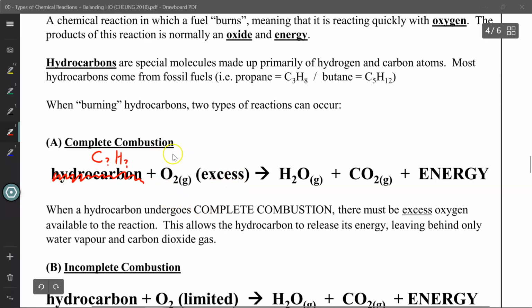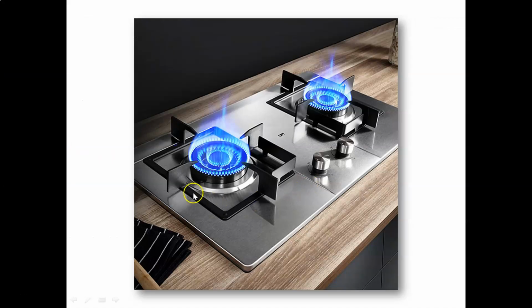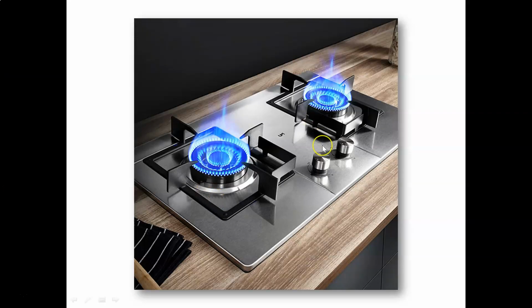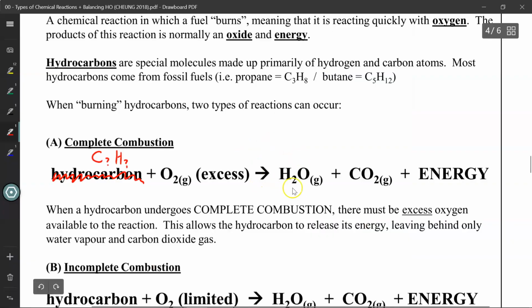So if you have excess oxygen during this combustion reaction, we say it's complete combustion. If you've ever seen a gas stovetop with a blue flame, they design these nozzles to mix the gas with the right amount of oxygen, excess oxygen, so you end up with nice, clean burning, complete combustion, where the only waste products are water and CO2.